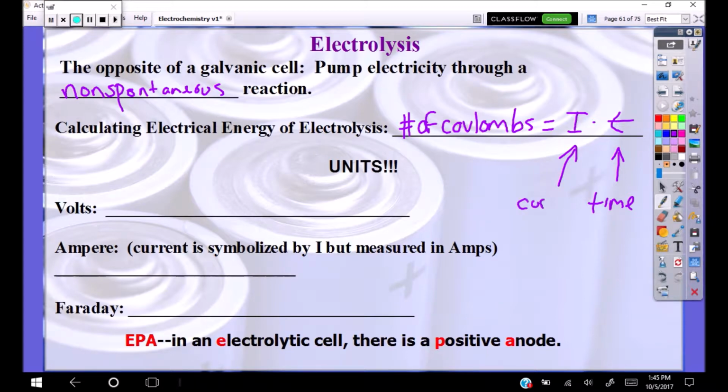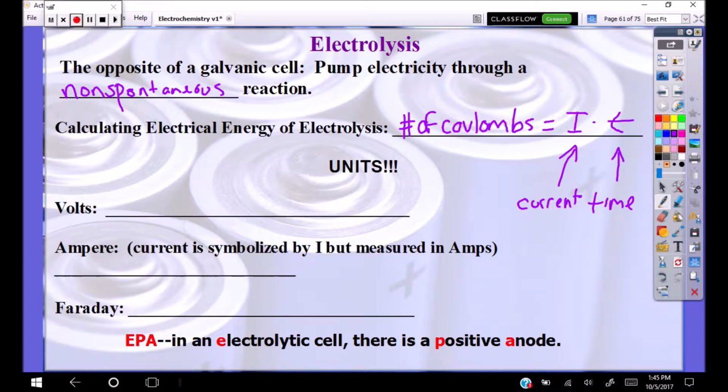So current has units of amps. We'll talk about that in a second, but they use I instead, and that's based off of Faraday's law. It's a physics and electromagnetism thing. So they use I for that. I believe, correct me if I'm wrong, inductance is what they use that for.